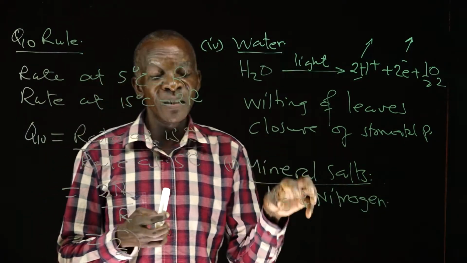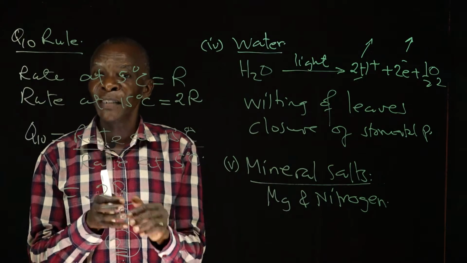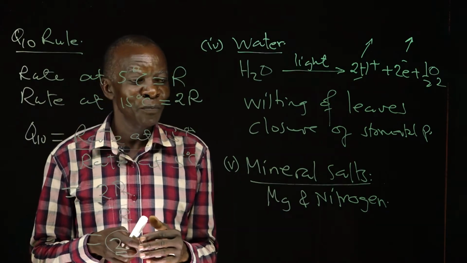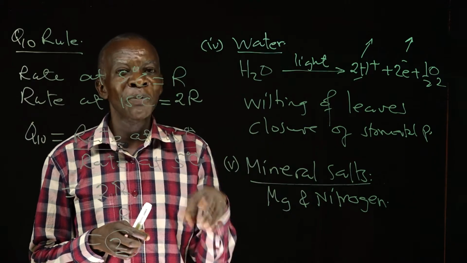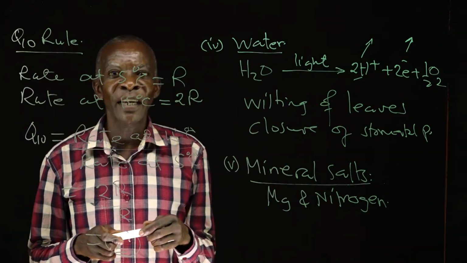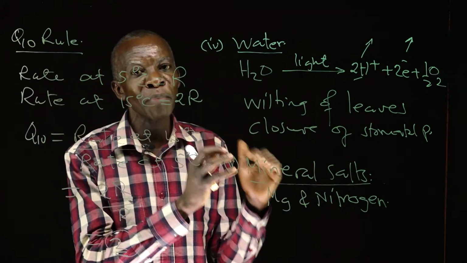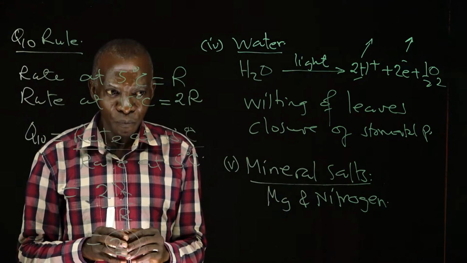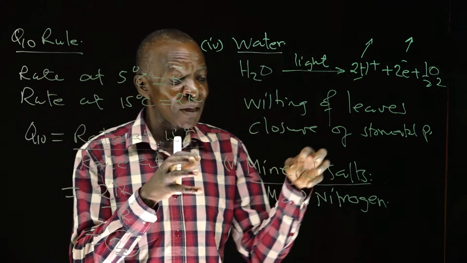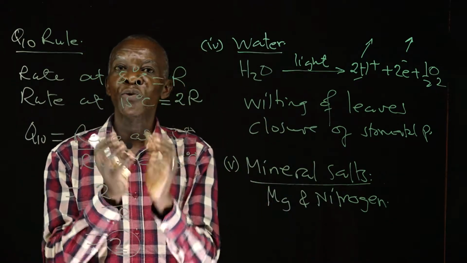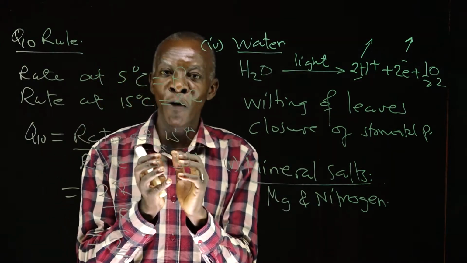Although these do not have a direct influence on photosynthesis, their absence will lead into photosynthesis failure because they are integral parts of the chlorophyll. These are important inorganic ions in the structural makeup of a chlorophyll.